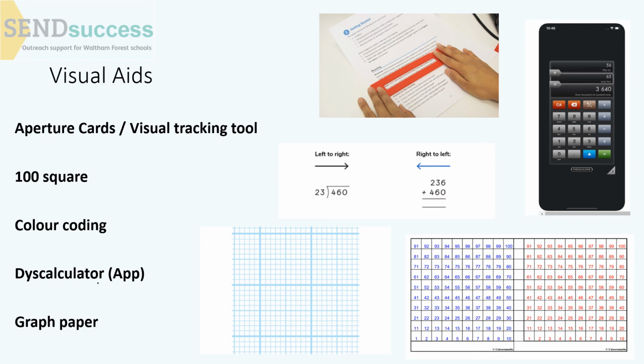Also allow the use of a normal calculator to progress mathematical thinking. And graph paper helps with lining up of numbers if there's a problem with visual spatial skills.